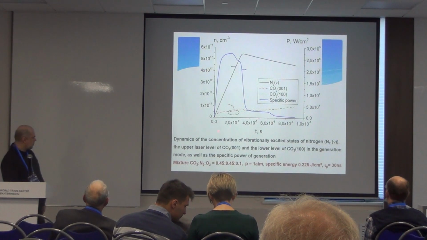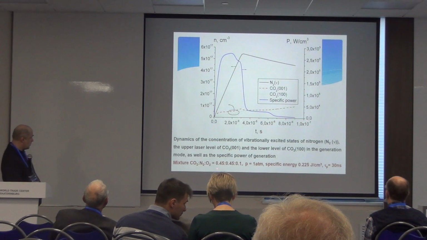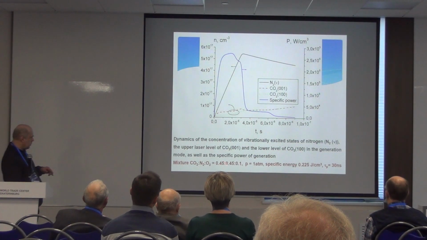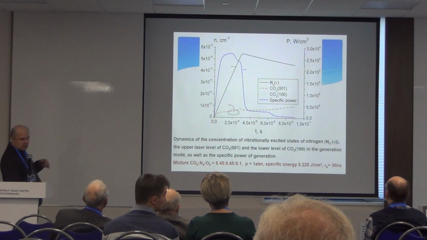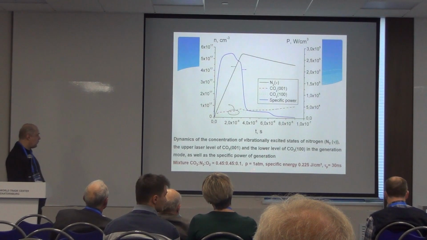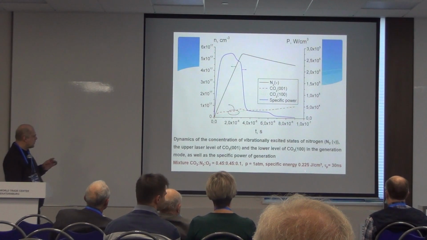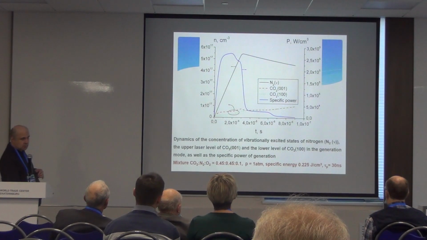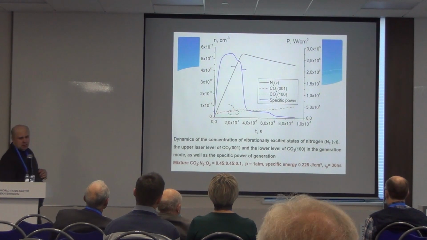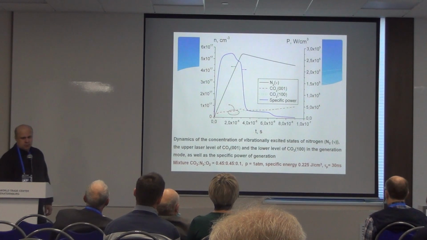We used the mixture 50-50, exactly CO2 0.45, nitrogen also 0.45, and oxygen 0.1. For atmospheric pressure, specific energy 0.225 joule per cubic centimeter, and pulse front duration 50 nanoseconds.